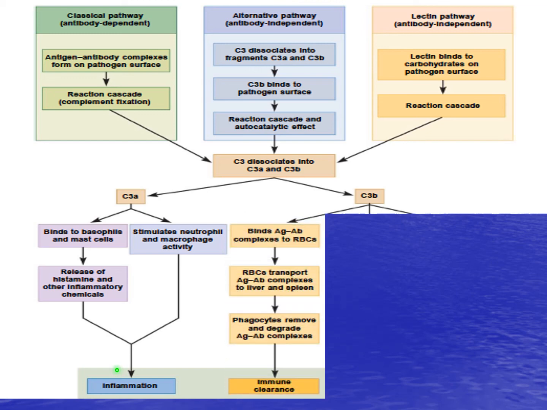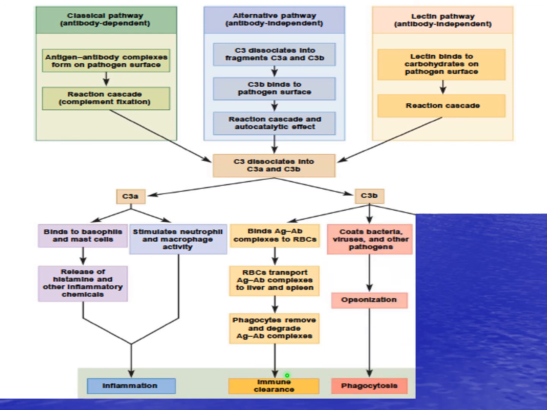C3b has a number of different things. It can bind to antigen-antibody complexes to red blood cells, and the red blood cells then will transport those antigen-antibody complexes to the liver and spleen, where phagocytes will actually remove them, and so it functions in immune clearance or increase of phagocytosis.